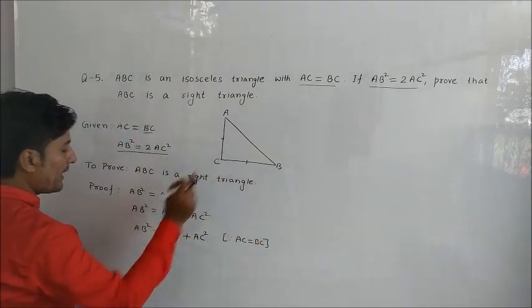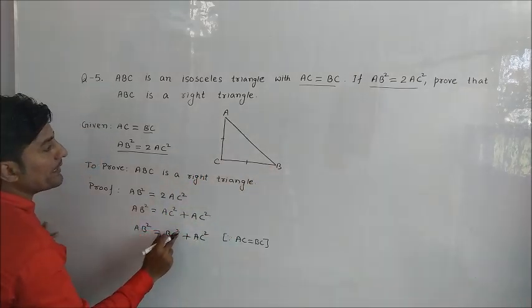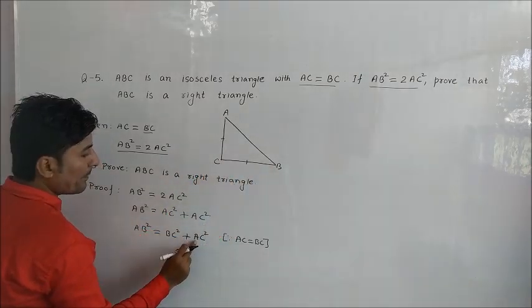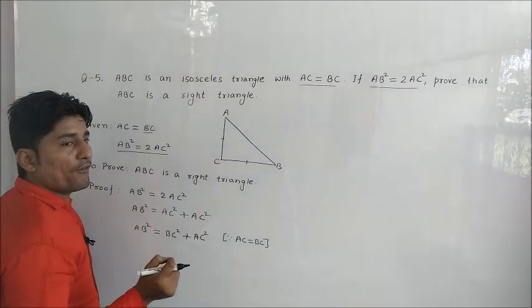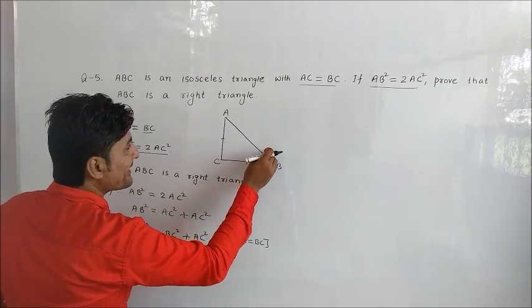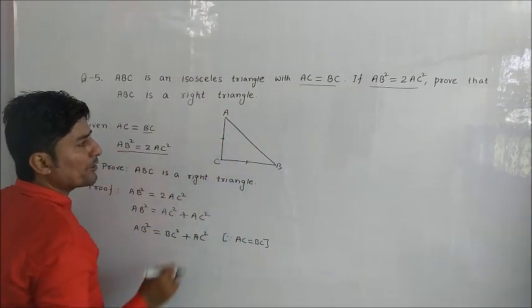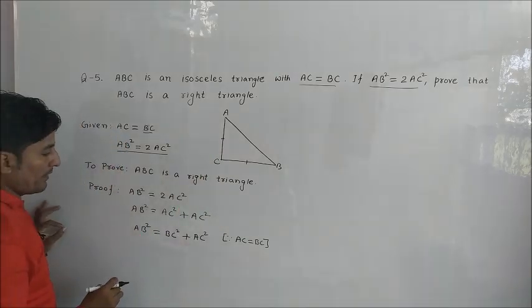Now in this triangle we have AB square, this hypotenuse square, is equal to BC square, this side, plus AC square. So according to the converse of Pythagoras theorem, if the square of the hypotenuse is equal to the sum of squares of the other two sides, then that triangle is a right angled triangle.